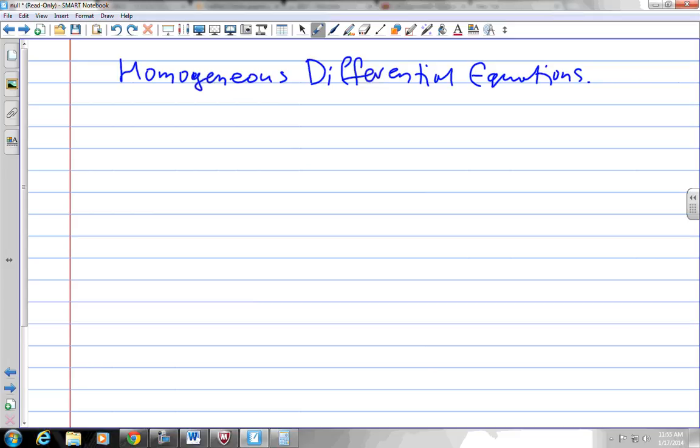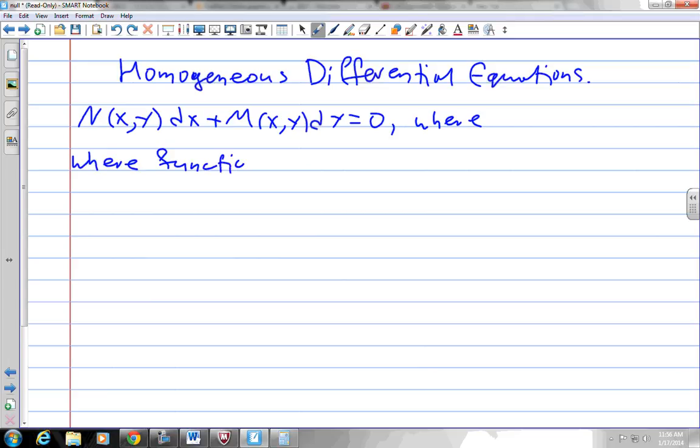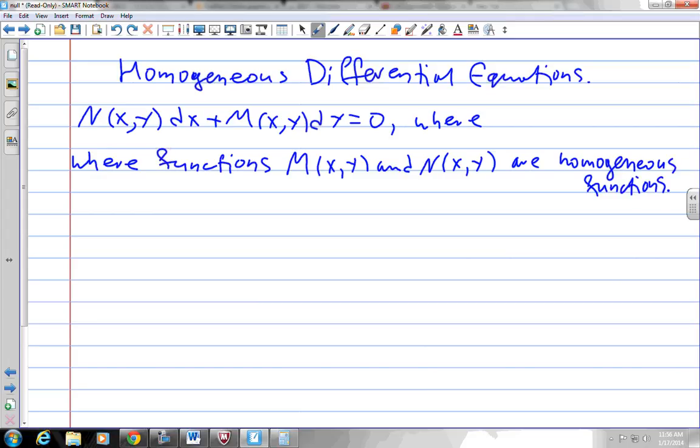So, few things. They're of the form where the functions N and M are so-called homogeneous functions. Now the definition of a homogeneous function.